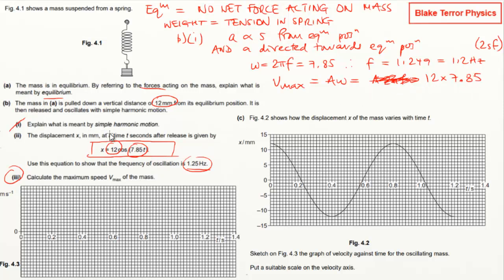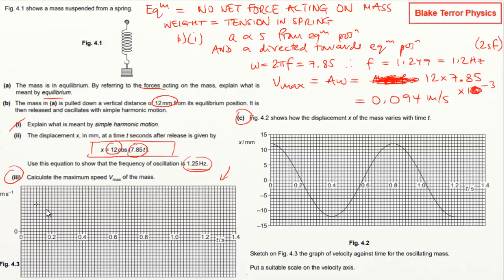And of course this is in millimeters, so we're going to have a multiplied by 10 to the minus 3 in that. So 12 times 7.85 is 94.2, times 10 to the minus 3, so that will be 0.094 meters per second. Yeah, nearly went back and did the unnecessary of putting f in, when of course we've already got omega. Right, moving on to C.